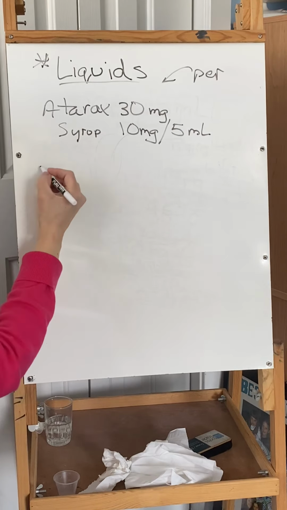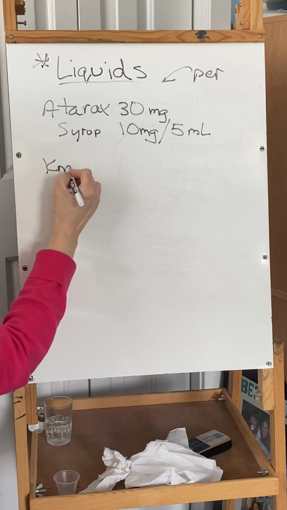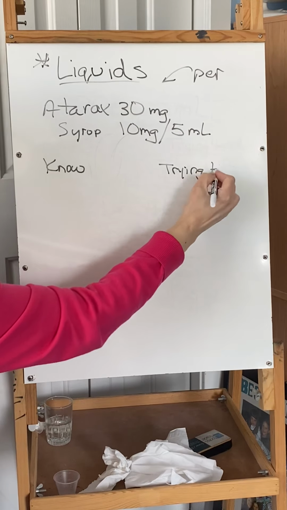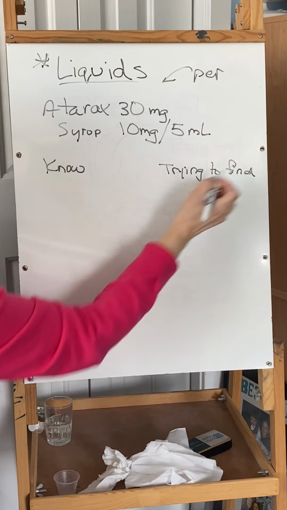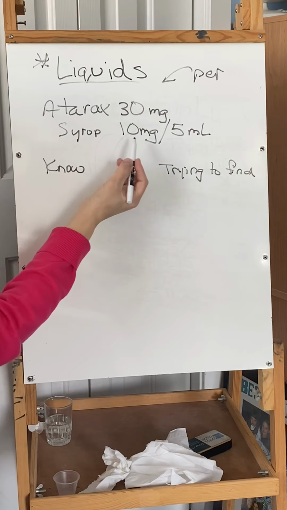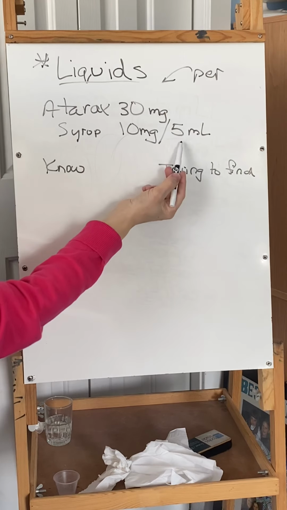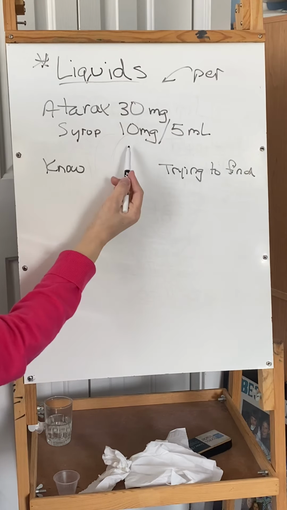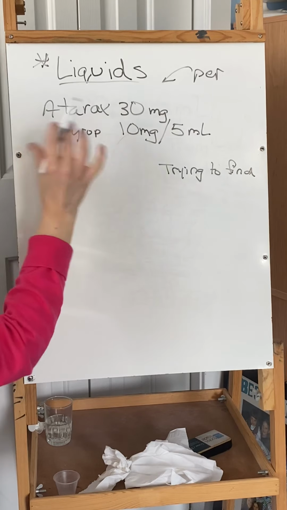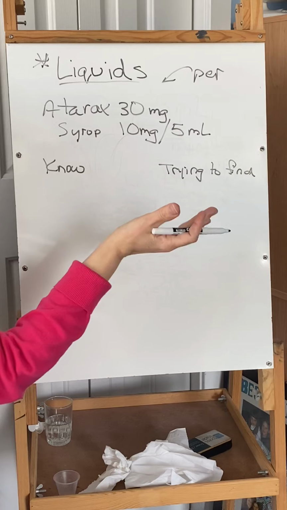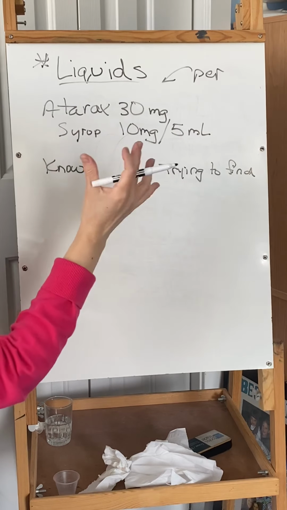Okay, so what we know versus what we're trying to find. Okay, we know 10 milligrams is equal to 5 ml. All right, every time you give 5 ml in your little cup, you're giving 10 milligrams of medication. So remember, on the liquids, you're never doing any kind of metric system equivalence.